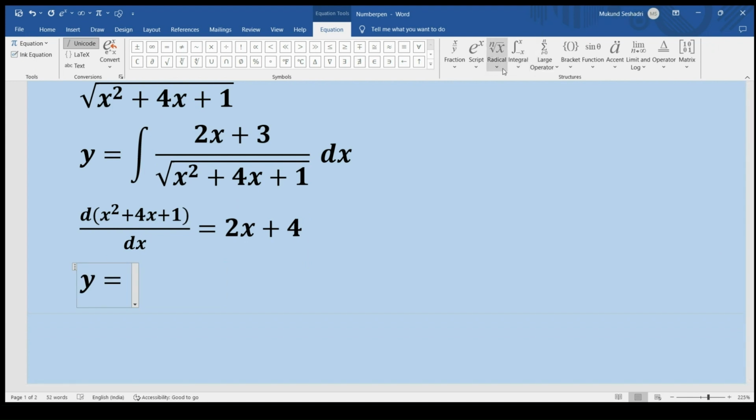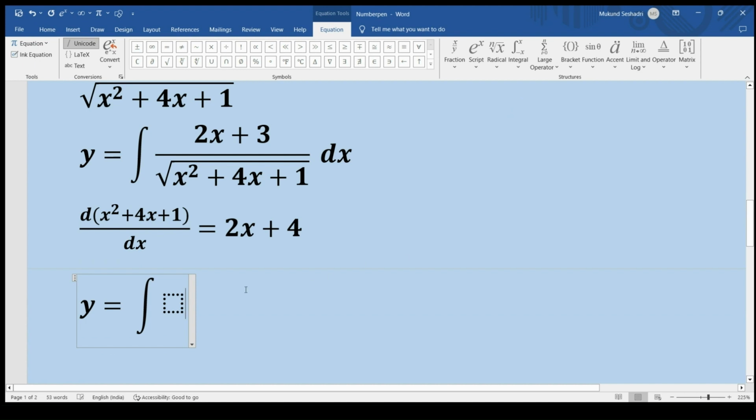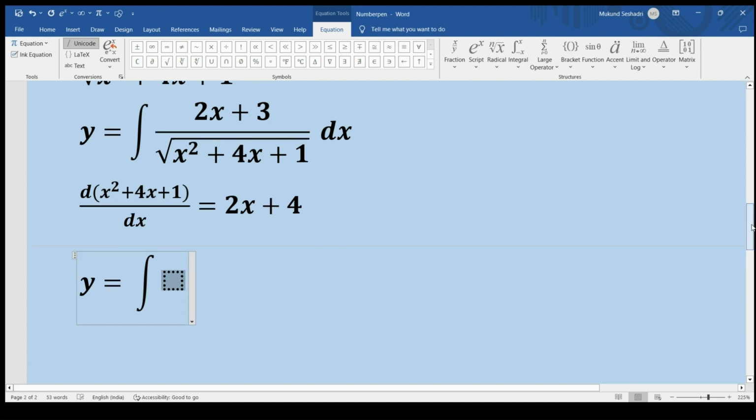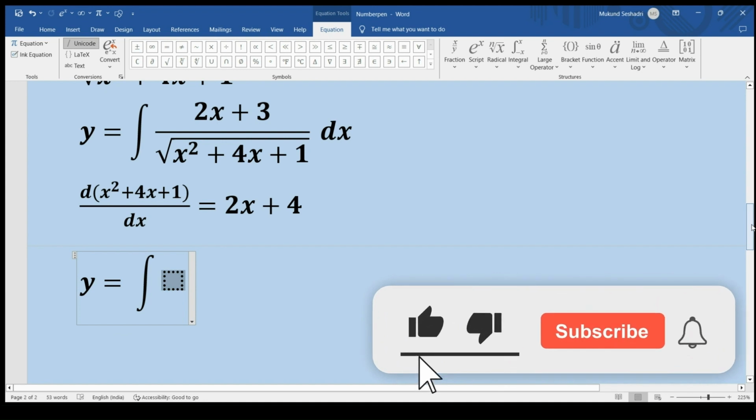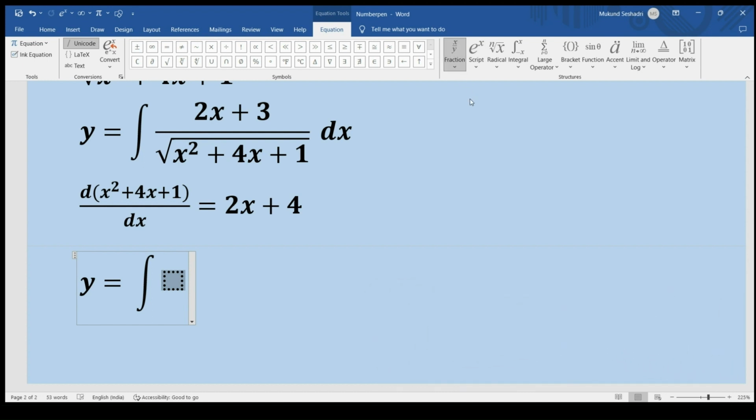So unlike some of the previous videos where we had to work out the coefficients in order to try and express the numerator in terms of the derivative of the quadratic expression in the denominator, here I don't see that it is that complex because my 2x plus 3 can be straight away written as 2x plus 4 minus 1, right?